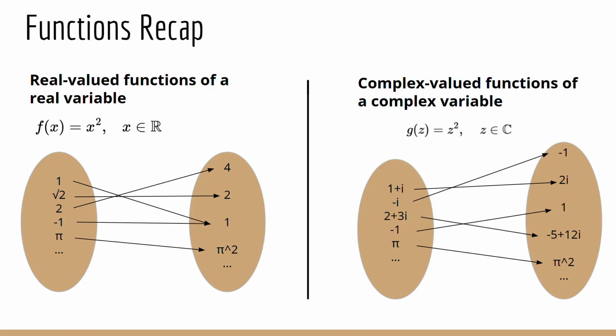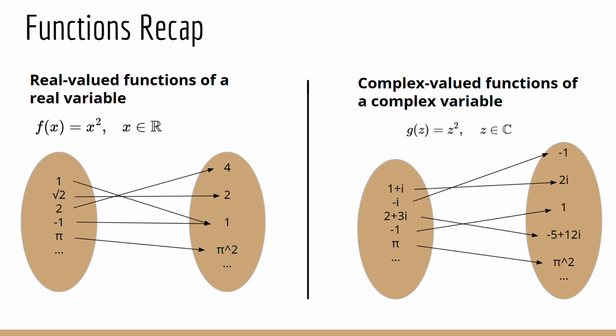And now for g of z equals z squared, we merely generalized our previous function. But now for our domain, we're going to consider the entire complex plane, where we used to only consider the real axis at the start. So now our input can be any complex number. 1 plus i is a valid input, and if we do 1 plus i squared, we actually get 2i.